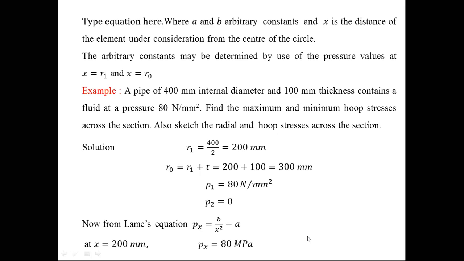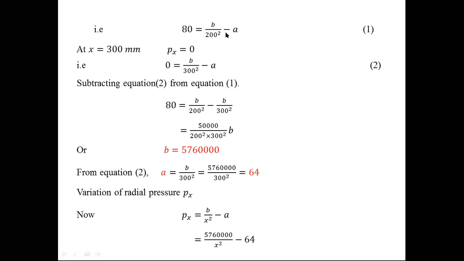So this is one equation: B by 200 square minus A, and at x is equal to 300, Px is equal to 0, B by 300 square minus A. Subtracting equation 2 from 1, you get this value: 5760000 is the B value, and after substituting in equation 2, you get the A value 64.